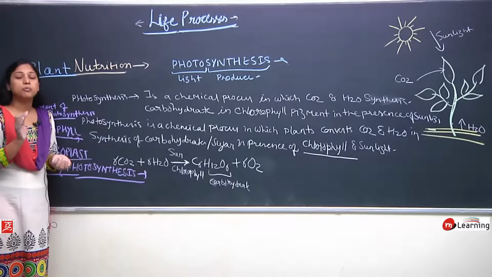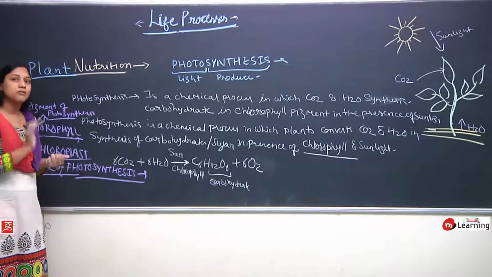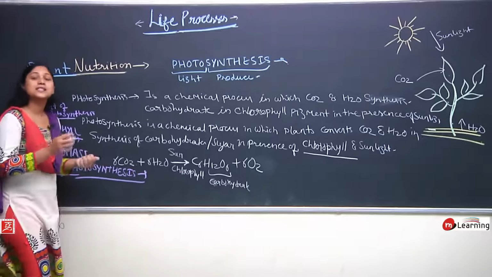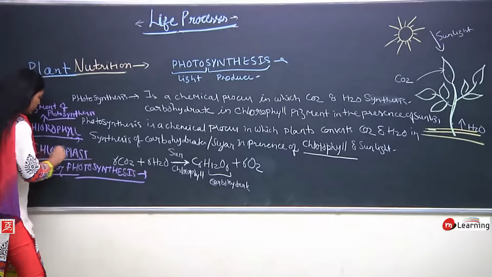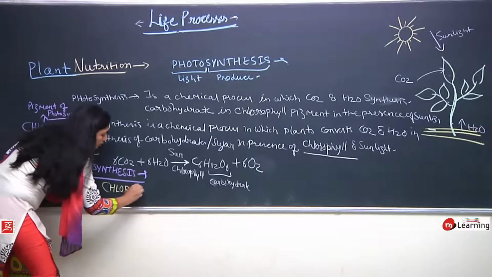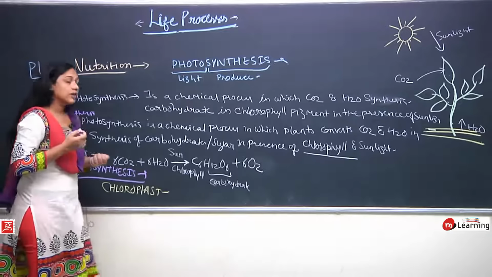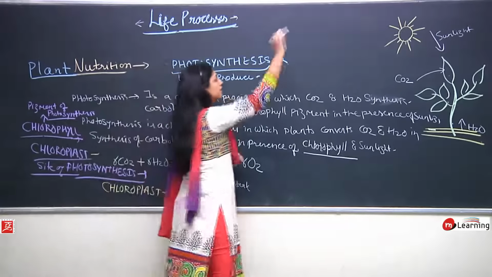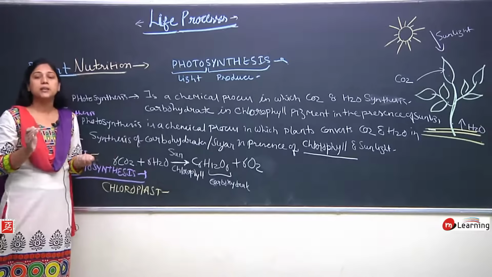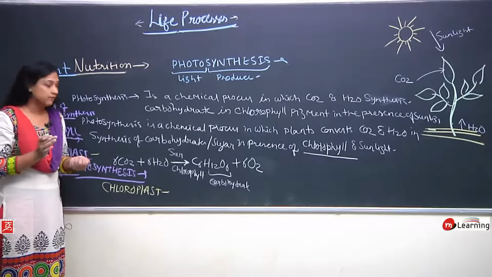What is the part of the plant where photosynthesis occurs? So the site of photosynthesis, as I already told you, is the chloroplast, where the green pigment or chlorophyll occurs. We will see the structure of the chloroplast. Chloroplast usually stays in the green part of the plant, and that green color is because of the green pigment.